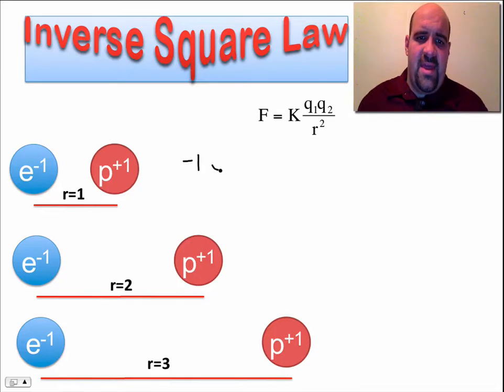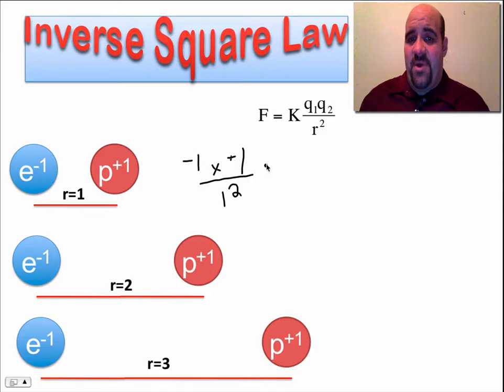And we're going to multiply that times Q2. And again, we're ignoring K because it's just a constant. It doesn't really matter. And that's going to be a +1. And the distance separating them is 1. So 1 squared. And -1 times a +1 is going to be a -1 over 1 squared, which is 1. So our final answer is -1.